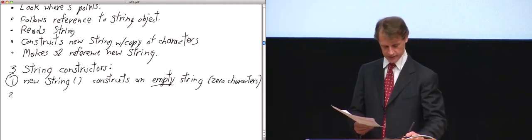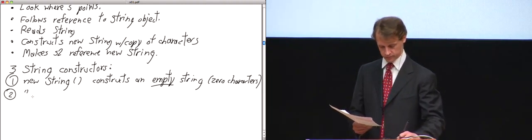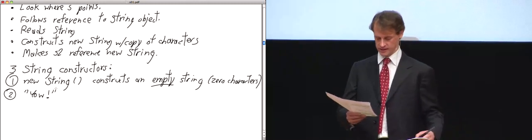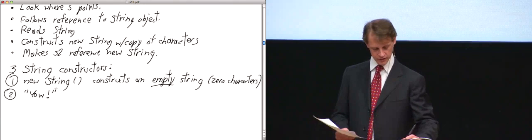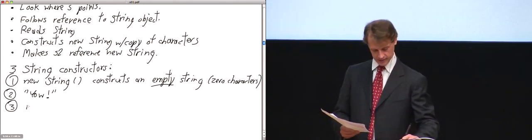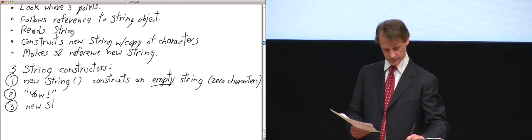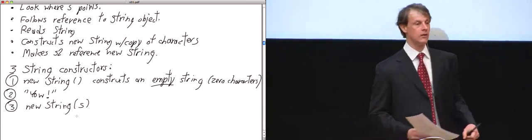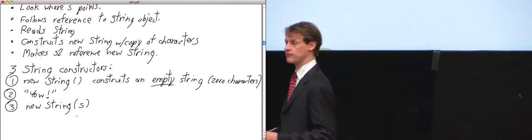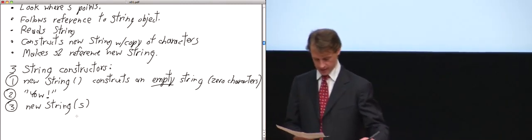We've seen that if you just put some letters in quotes, Java considers that to be a special string constructor. And the third one we've seen is we say new string and we pass it a variable of type string. So that's a reference to a string we're passing.